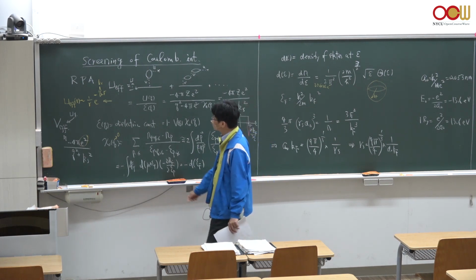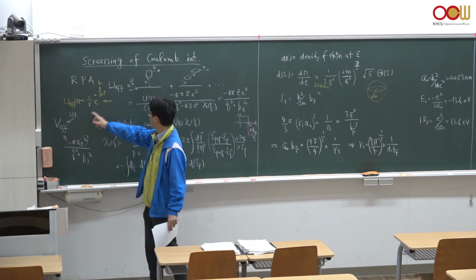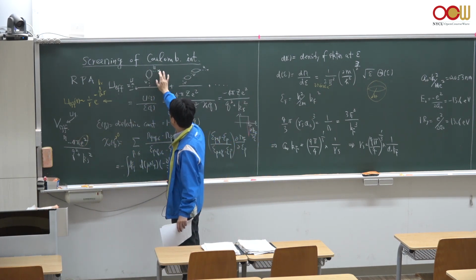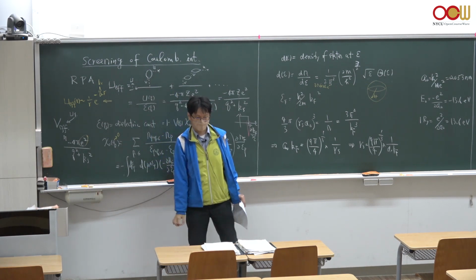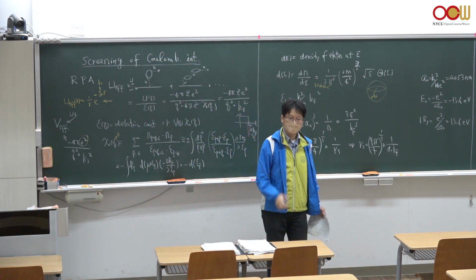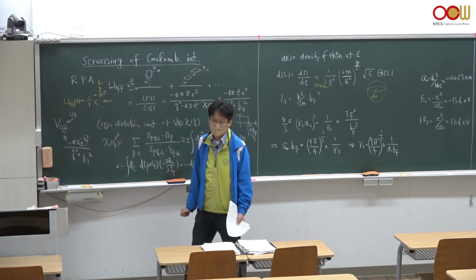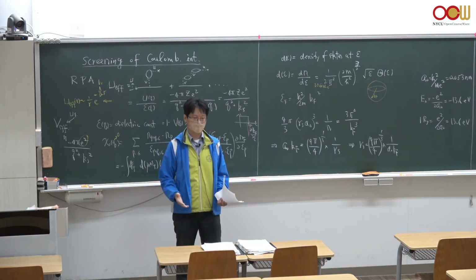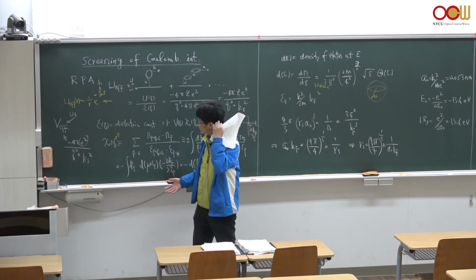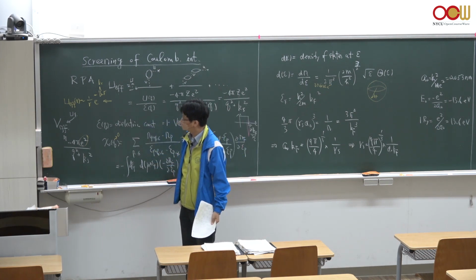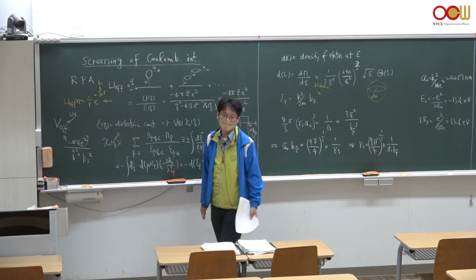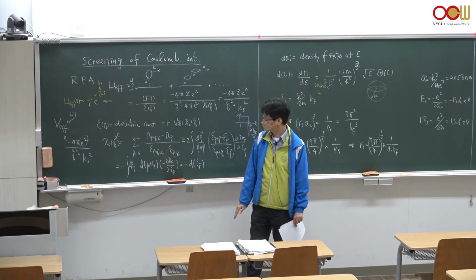Except now, if you evaluate this V effective, you simply just interchange U and V. So that's all. Because U and V are nothing but the Coulomb potential, just from different charge sources, and they mutually interfere through exactly the same RPA manner.